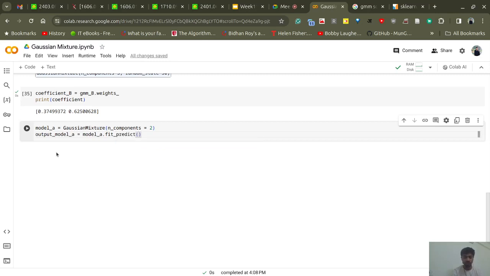So that is, we have data. Similarly for model B, we'll repeat with n_components equal to 3.